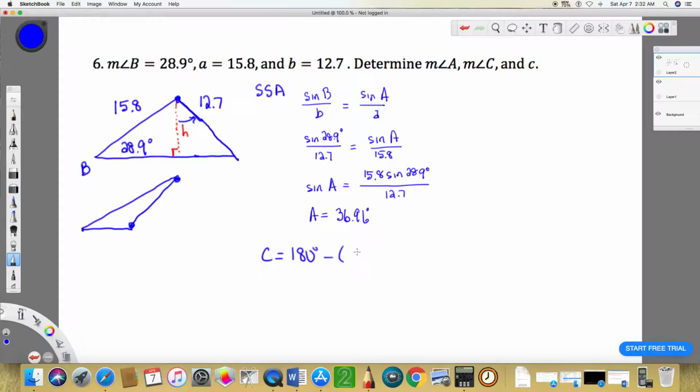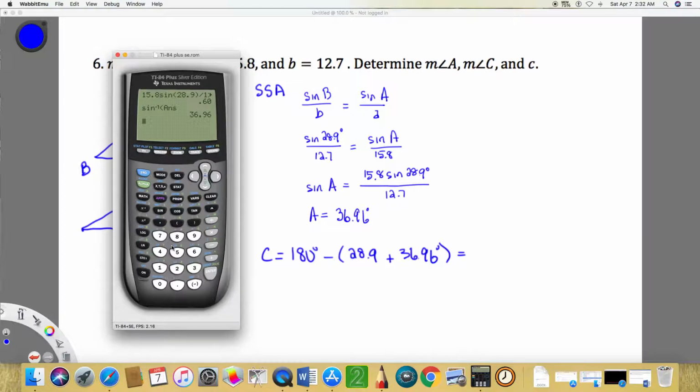So if we subtract the sum of 28.9 and 36.96 away from 180, we'll get that measure of angle C. So we've got 180 minus the sum of the given angle and the angle that we just found. So I'm getting 114.14.